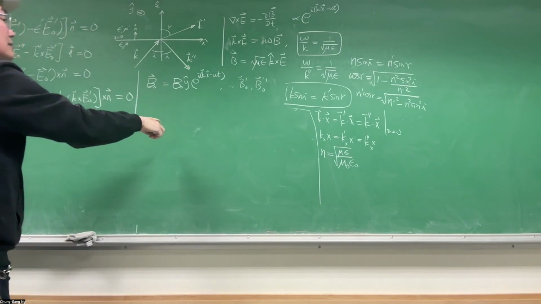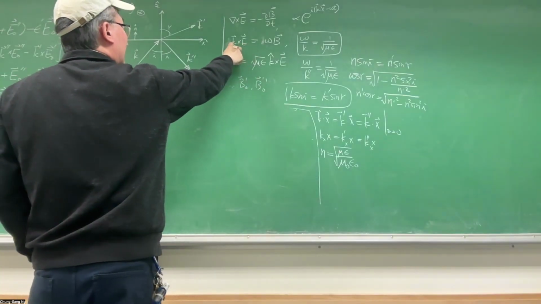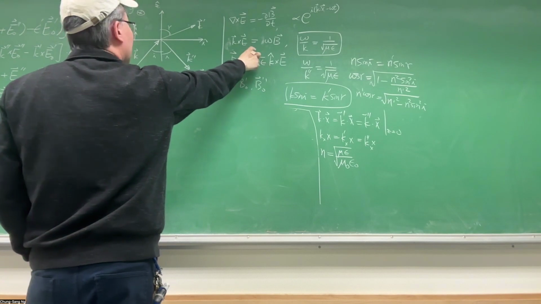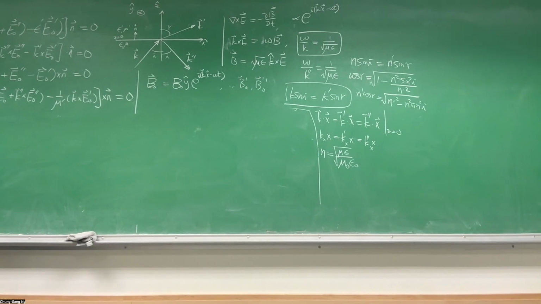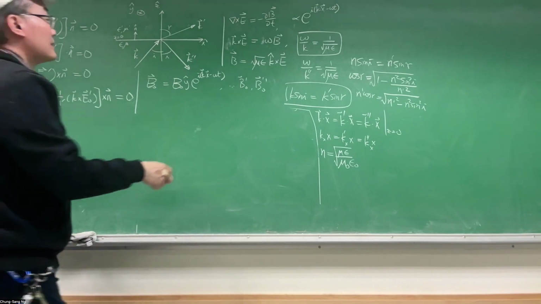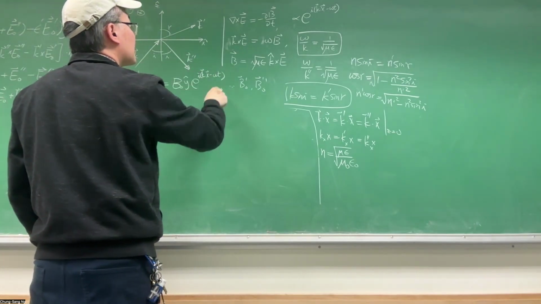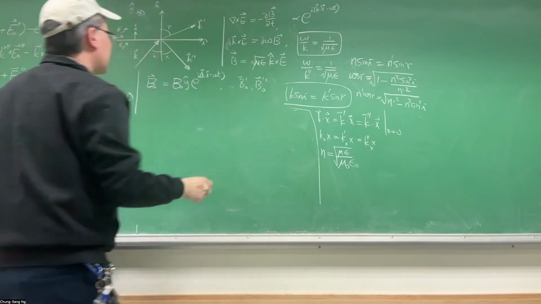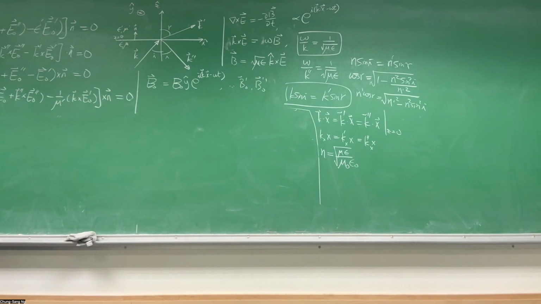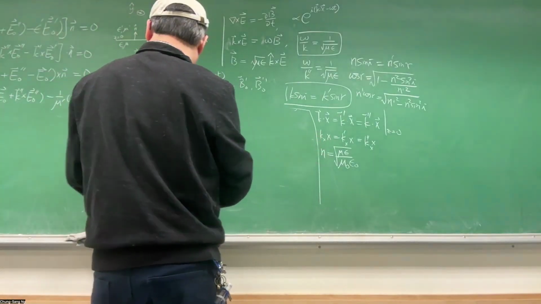To do that, we can either use another cross product of that one, or use Ampere's law. This is Faraday's law. We can use Ampere's law to solve E in terms of B, because we probably will need that anyway.